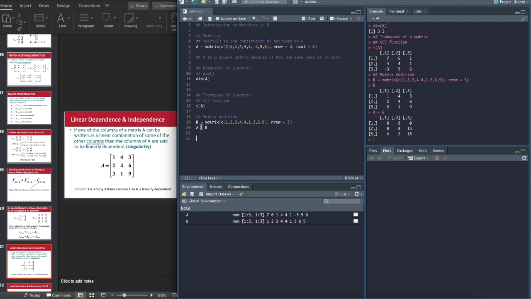Before we do matrix multiplication, let's talk a little bit about a specific kind of matrices, and that is vectors.